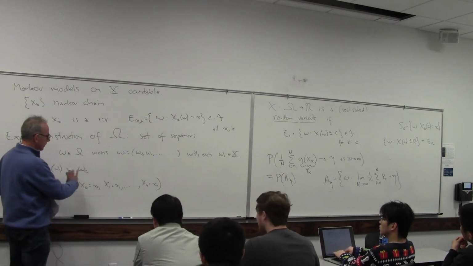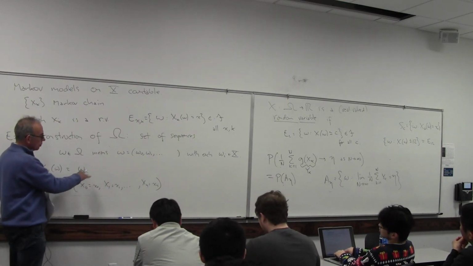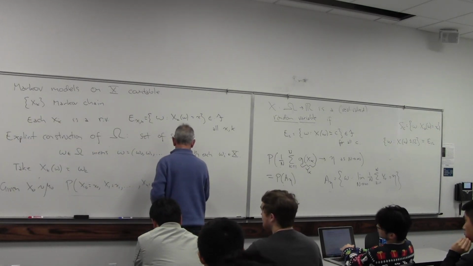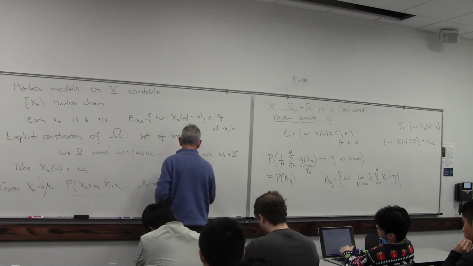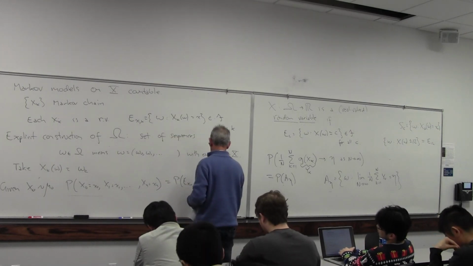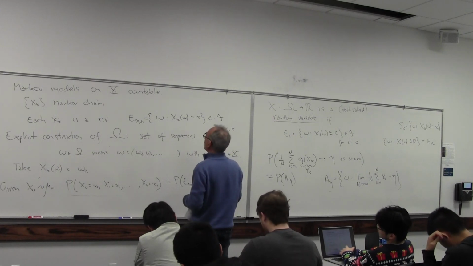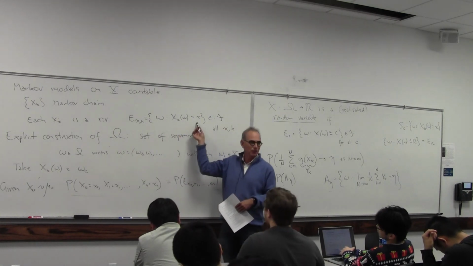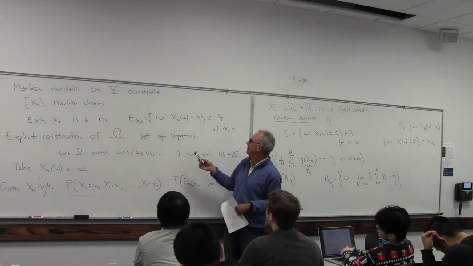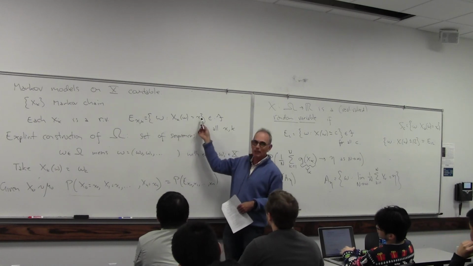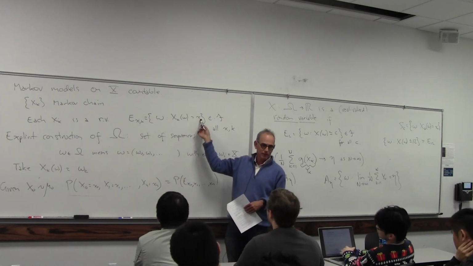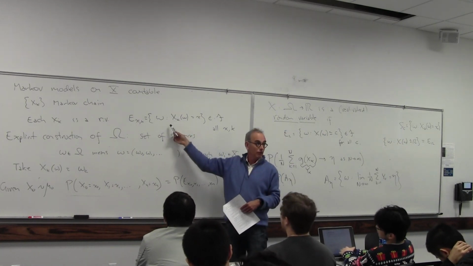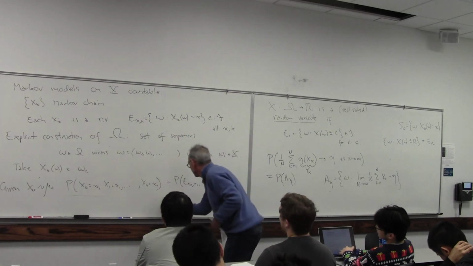Again, just like over there, this is going to be the probability of some event. It's the intersection of these events: I'm asking that at time k, I'm equal to little xk. So this event here is just the intersection of events like that.